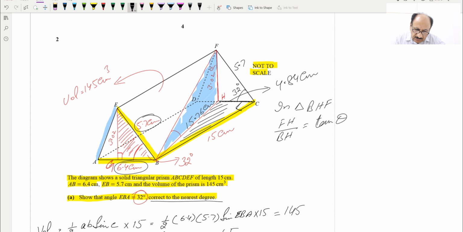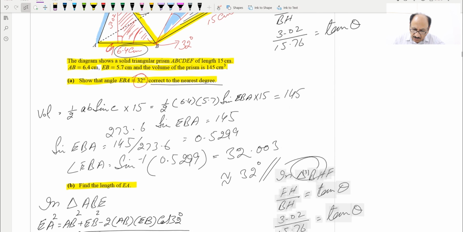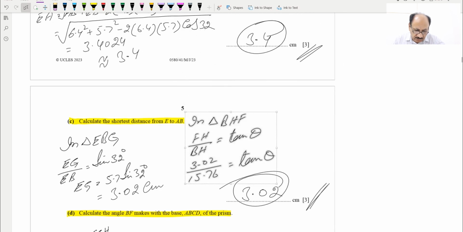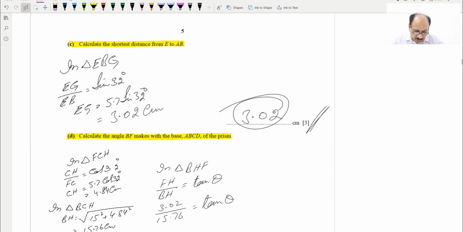So FH is 3.02 over BH, 15.76, is equal to tan theta, and this one we will shift there and complete the calculations, and this will be the last step of this question. Hopefully you are understanding each and everything.